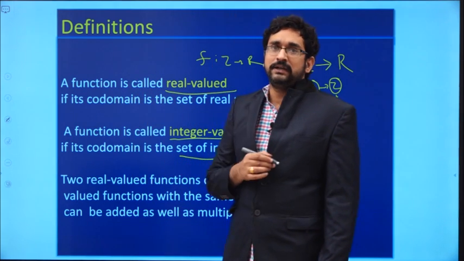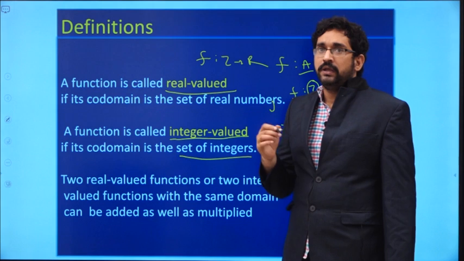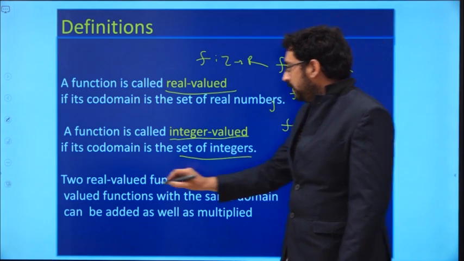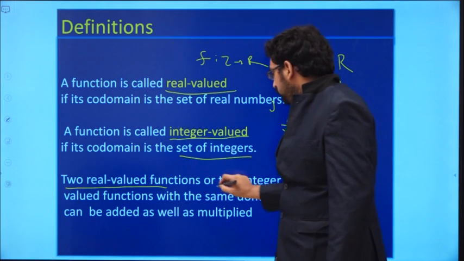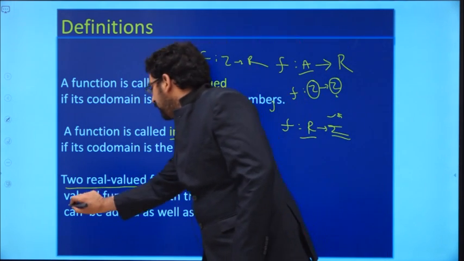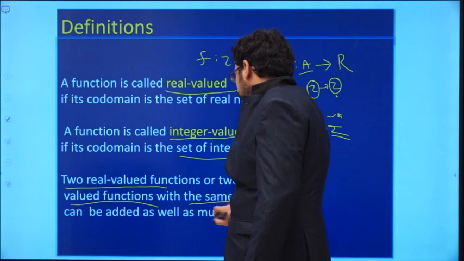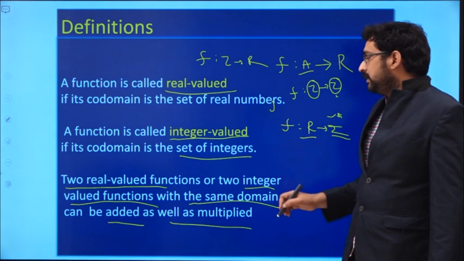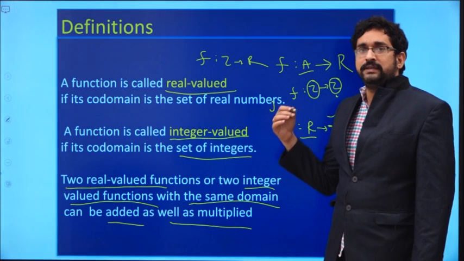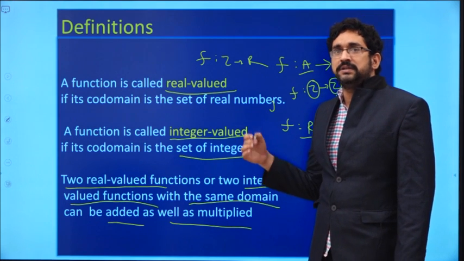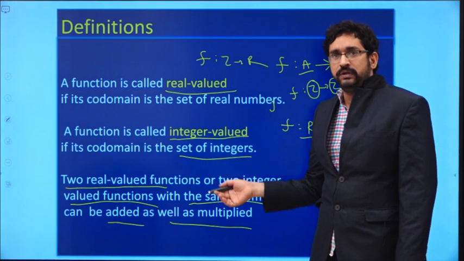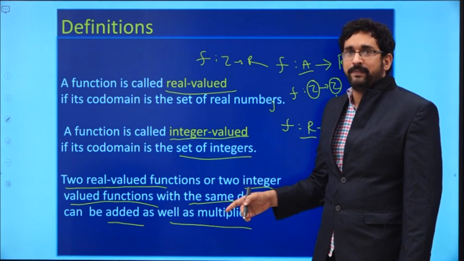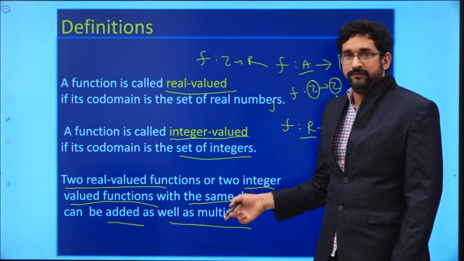Hence, a function is said to be integer valued if its codomain is the set of all integers. And we can observe one thing: two real valued functions or two integer valued functions with the same domain can be added as well as multiplied. That means if we take either two real valued functions or two integer valued functions with the same domain, then addition and multiplication operations can be performed on the given functions.